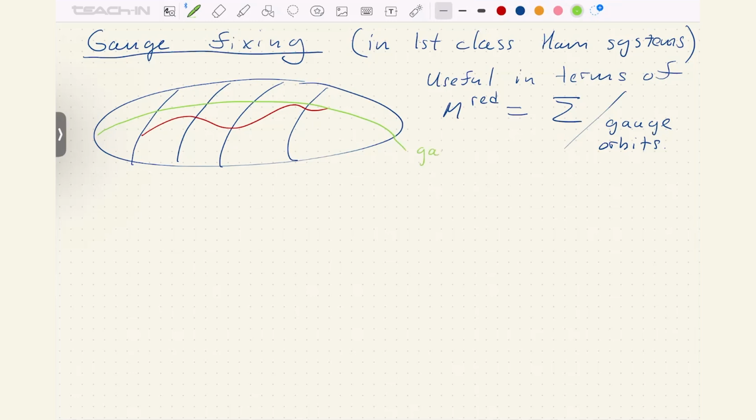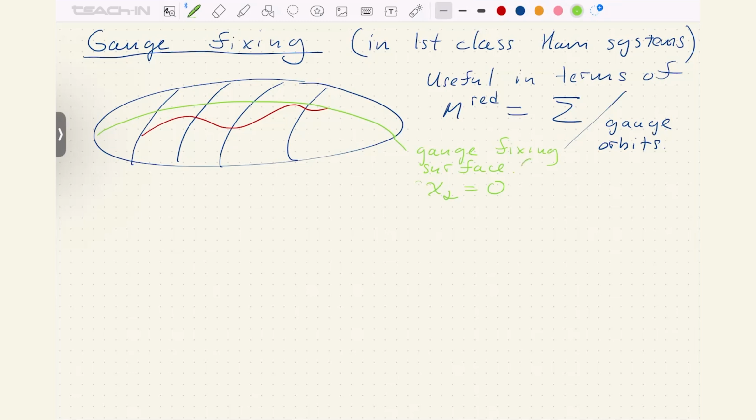So this is the gauge fixing surface, determined by some conditions, chi alpha equals 0, independent conditions.